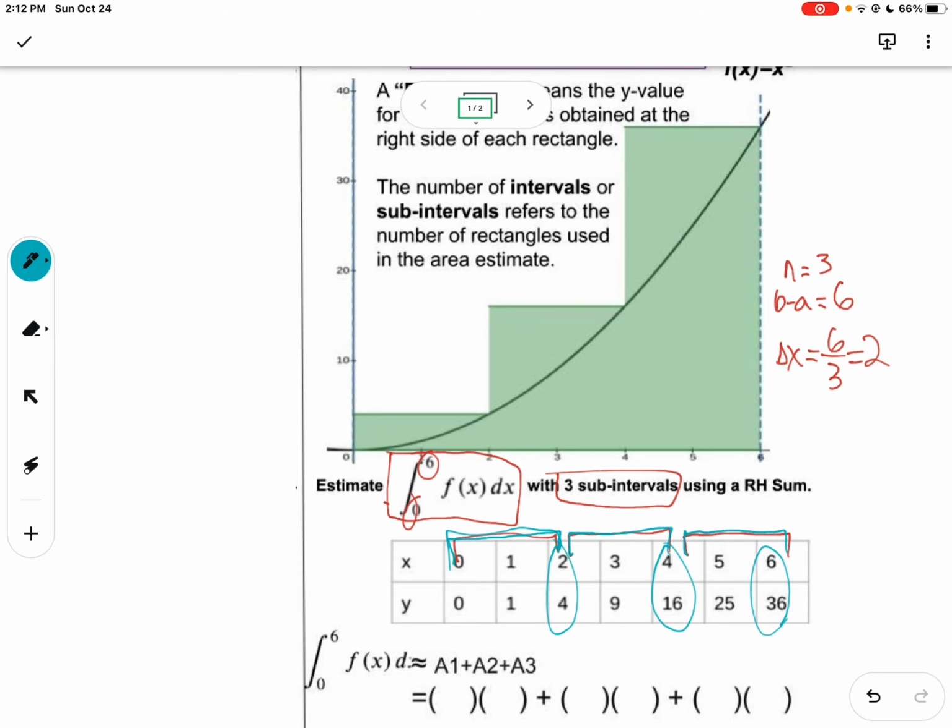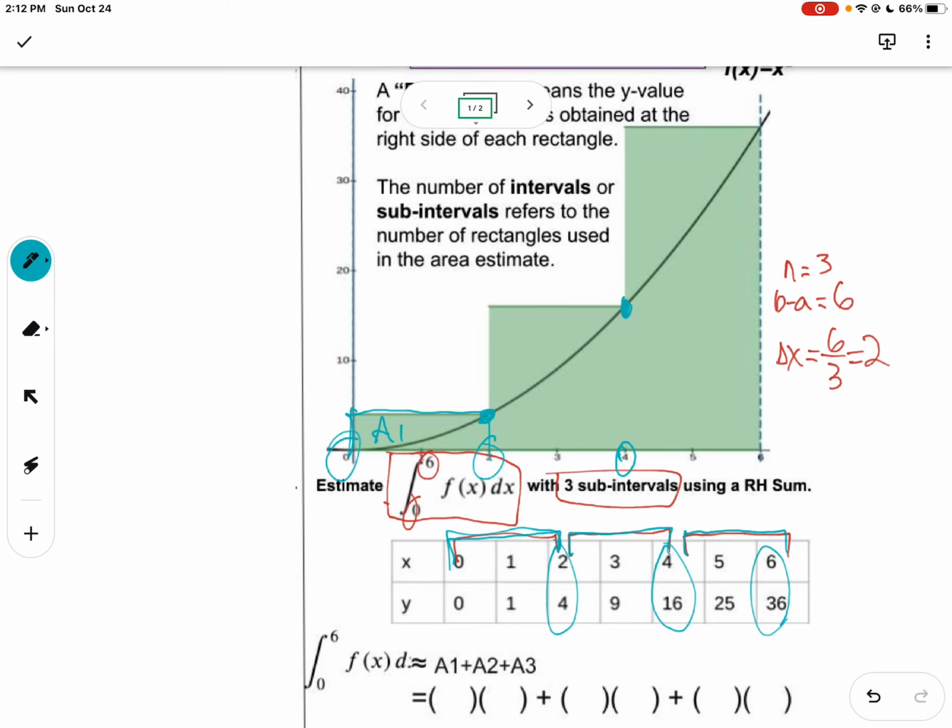Okay, so the first rectangle goes from 0 to 2, but the y value is found on the curve at the right side of that. So there's that first rectangle there. We'll call that A1. And then the second rectangle, again, I go right to x equals 4, and I go up to y equals 16.